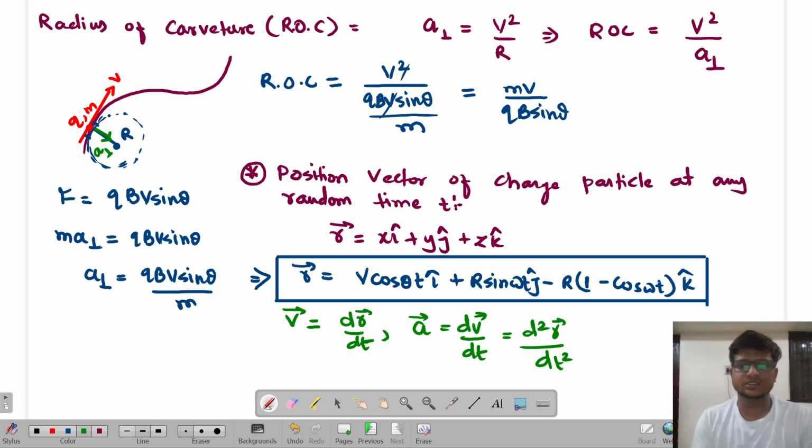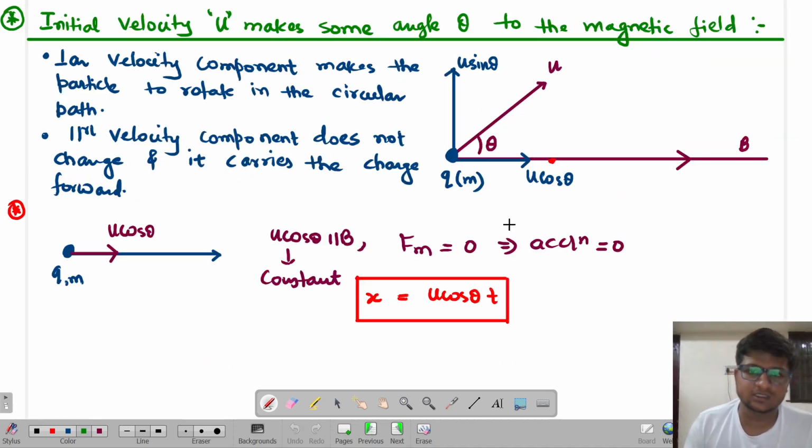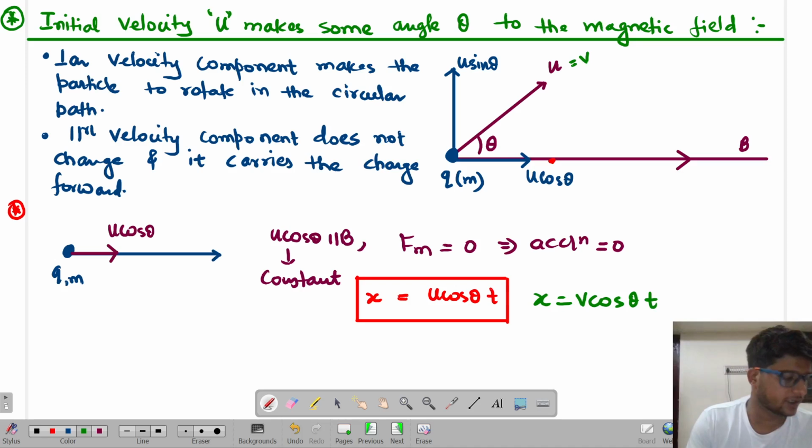So this is how you are going to write everything for a particle projected at some angle theta. Let us write u as equal to v, so x is also v cos theta into time t. This will be the whole equation for the particle. Clear?